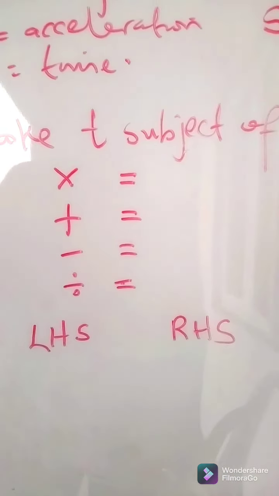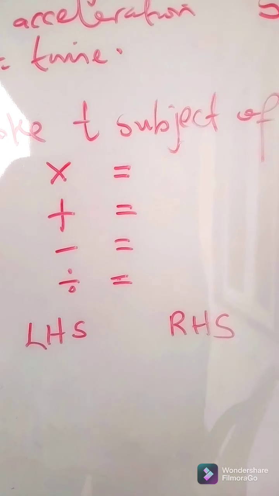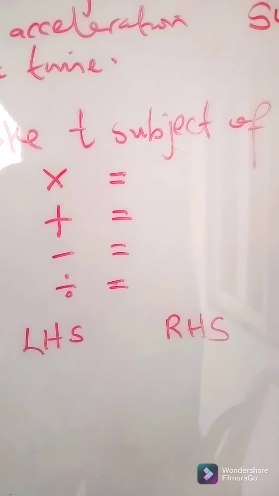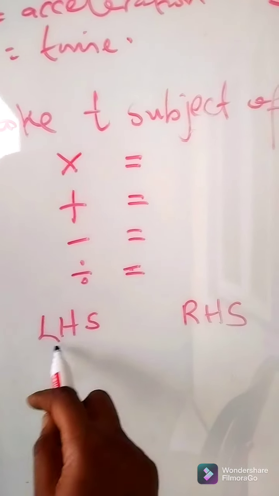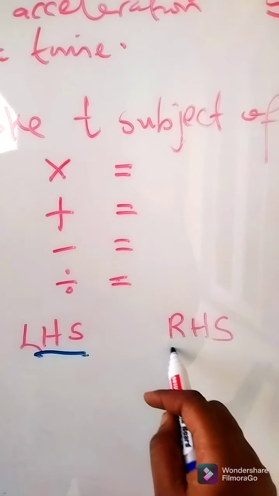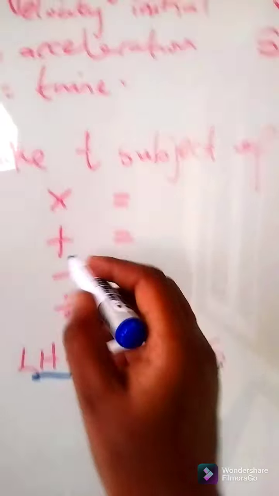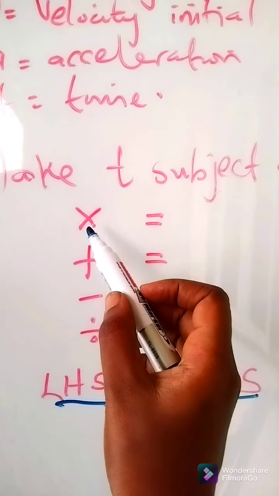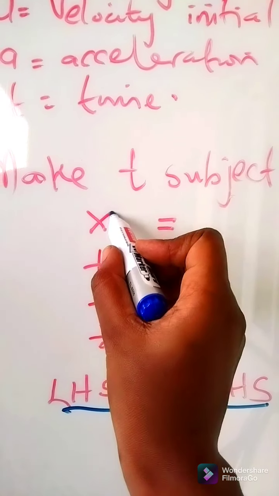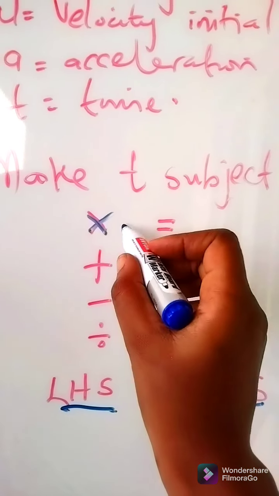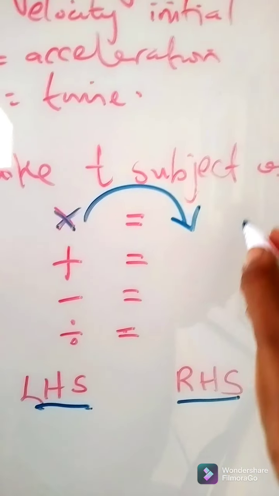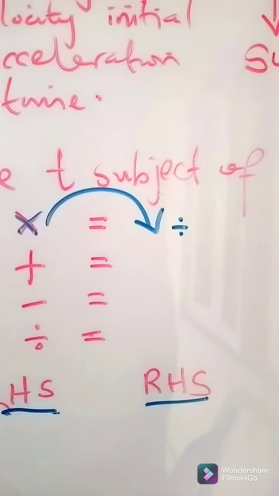In manipulating mathematical operations in an equation, if you have multiplication, when it jumps over the equality sign, it becomes what? A divide.